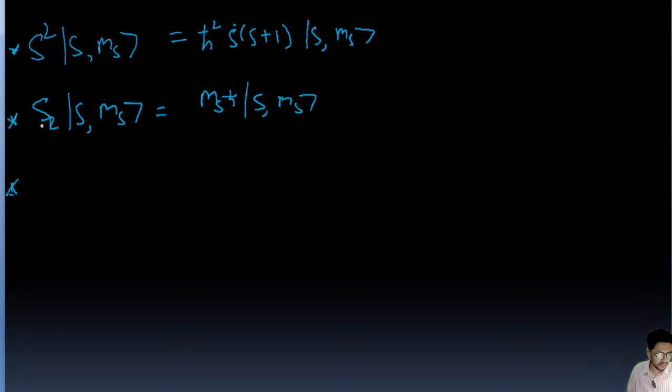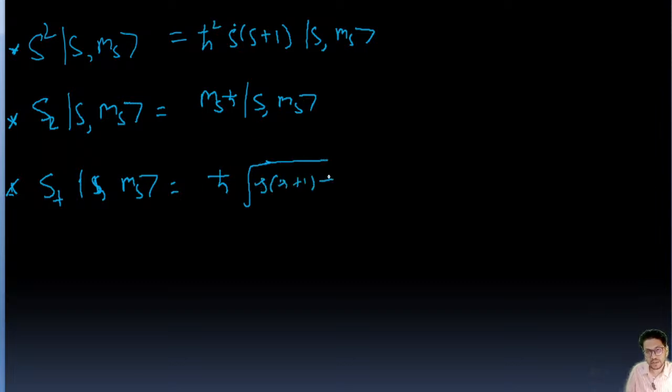Next, S plus on |s, ms> is going to be ħ root of s(s plus 1) minus ms(ms plus 1), and the state is |s, ms plus 1>, similar to L plus.